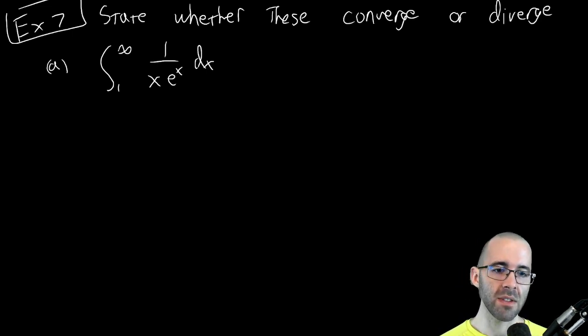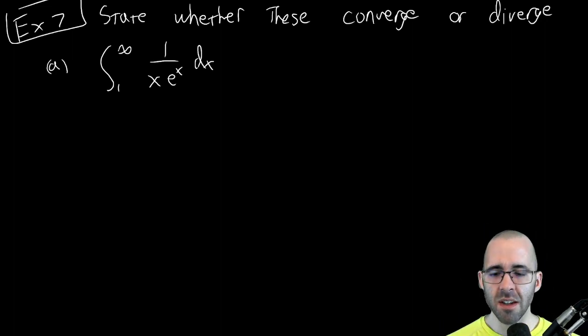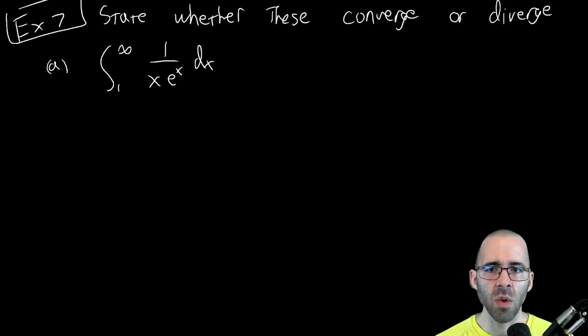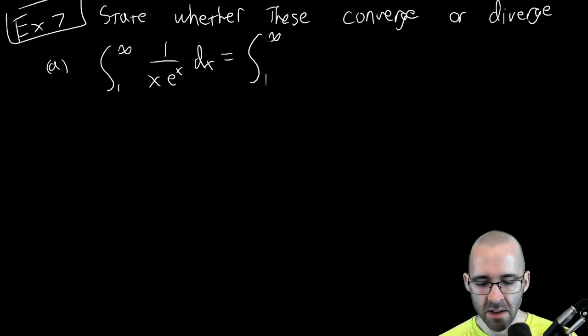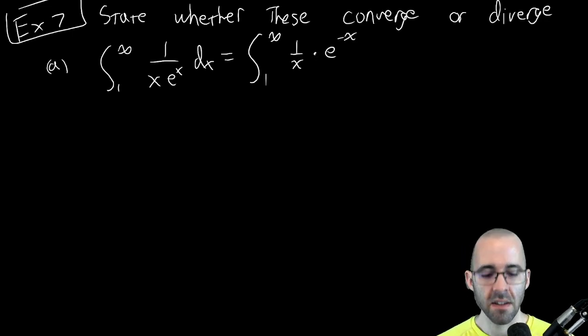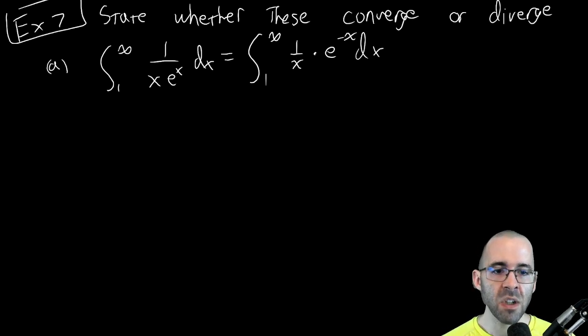So we need to compare it with something. And before we even choose what to compare it with, we should kind of get an expectation for what's going to happen. Now, if you want to, you could rewrite this as 1 over x times e to the negative x. Now, e to the negative x goes off to 0 really, really fast.